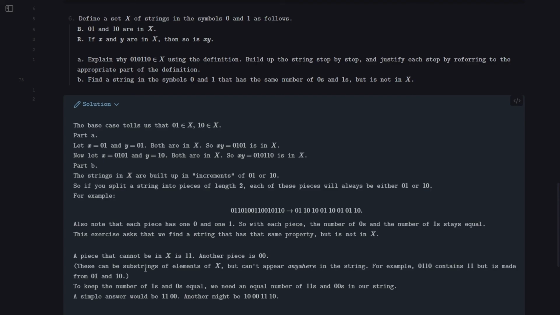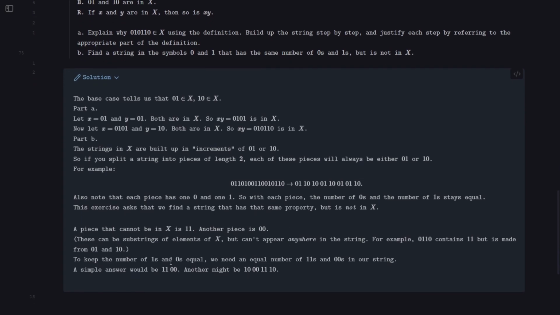Now, the other thing is that we need to keep the same number of zeros and ones in that string, which means since 1, 1 adds 2 to the number of ones, we need to have a 0, 0 to counterbalance that number of ones, to keep things equal between the two. And so we need an equal number of 1s and 0s in our string.